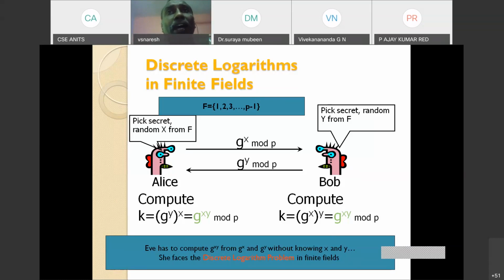Why? Because only these two people will know this key, and nobody can compute this key with the information available publicly. What is the information available publicly? g power x and g power y. g power x is sent to Bob, so anybody can pick it, and Bob sends g power y, which anybody can pick.